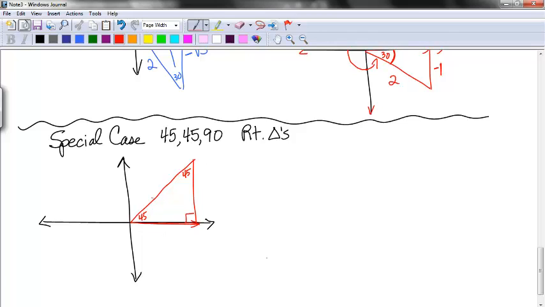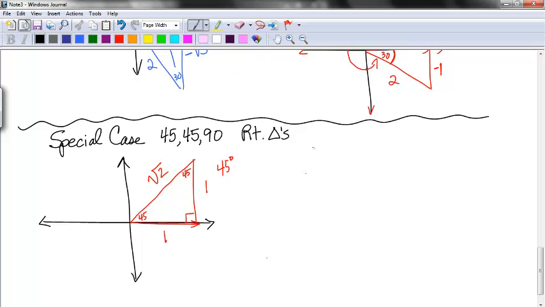Since those angles are the same, the legs have to be congruent. They have to be the same. And the standard labels are 1, 1. Okay, and if you did the Pythagorean theorem, you would figure out the hypotenuse is radical 2. 1, 1, radical 2. Okay, and that's a 45-degree angle. So that's your picture for a 45 degree.